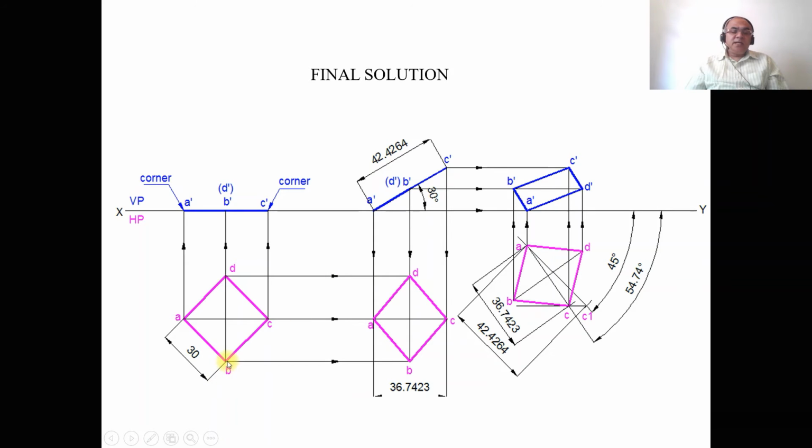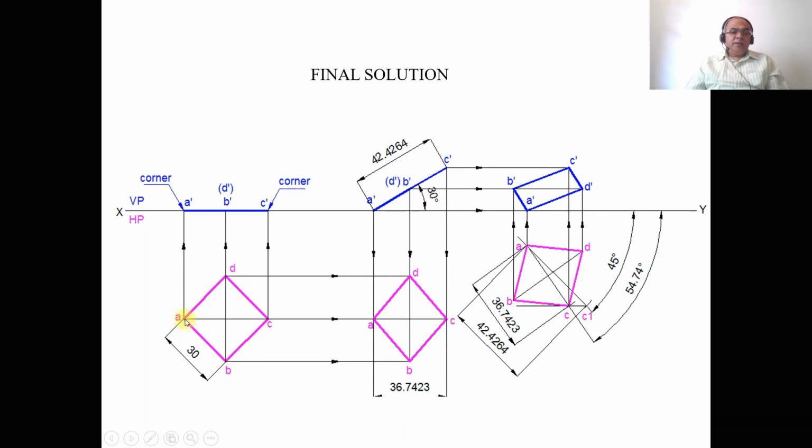Then with B as center, taking the radius of the square, which is 30, cut an arc on this side and also on this side, so that you are going to get these points as A and C. You mark them as A and C. With A as center, taking the radius of 30, draw an arc; with C as center, cut it on the previously drawn arc, so that you are going to get this point D. Then you join A to B, B to C, C to D, D to A with a dotted line.